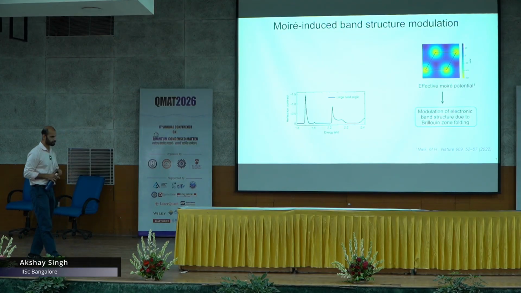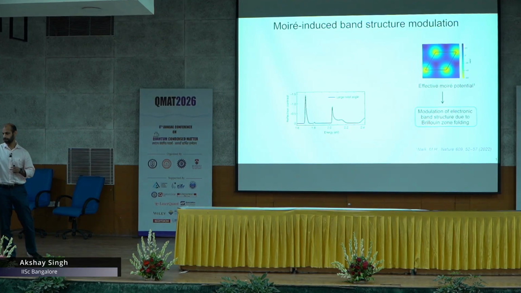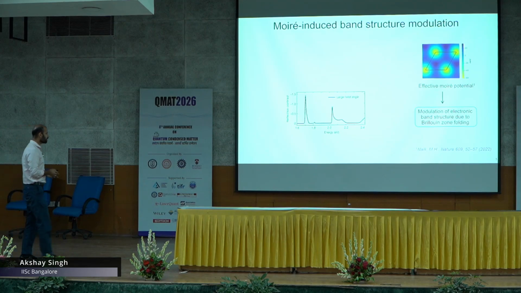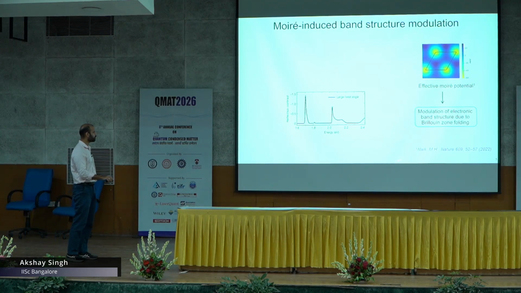So let's look at what happens for WSe2 WS2. Here we're just borrowing this paper from Meit Naik and Steven Louie and Feng Wang's group, and what they did was they first looked at a large twist angle sample. Remember, for most of this presentation, I'm only going to talk about WSe2 WS2 systems.